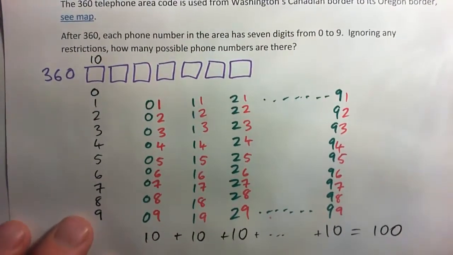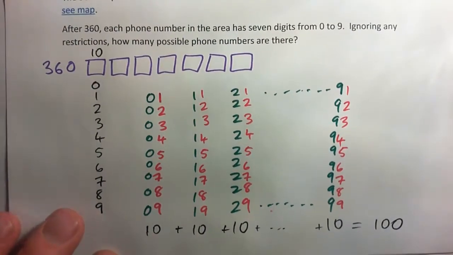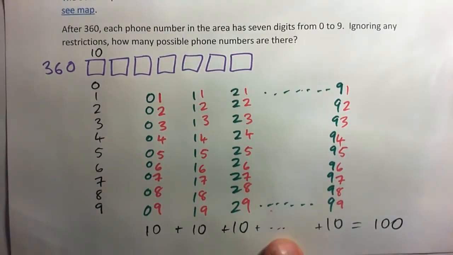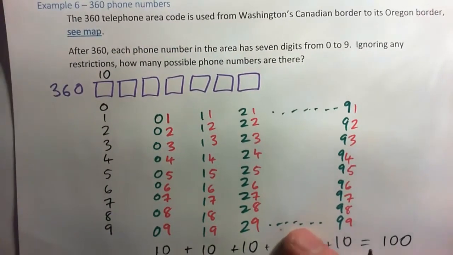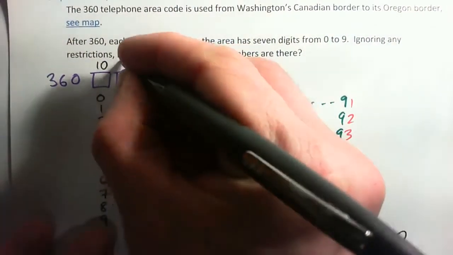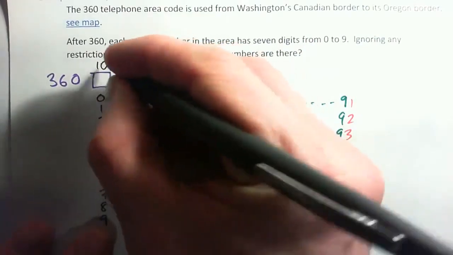Agreed? Does that make sense? 100 options just for the first 2 digits. Okay? And the quicker way is, well, 10 times 10 is 100, right?